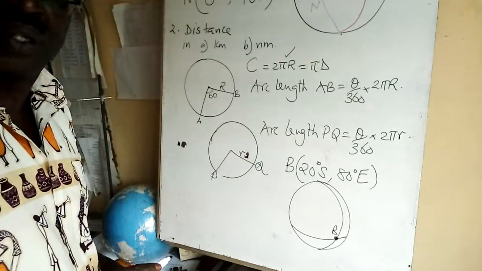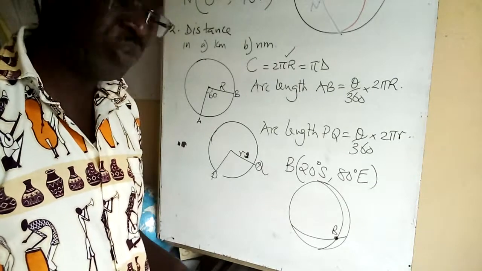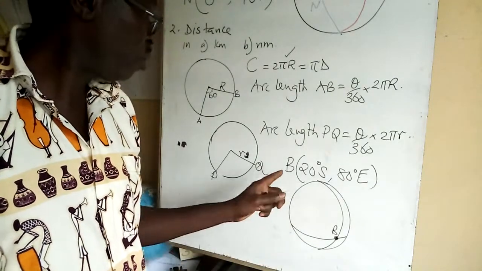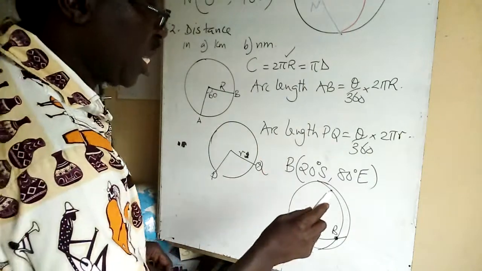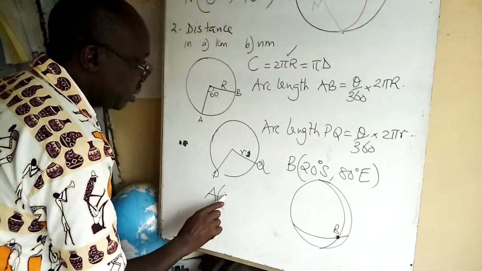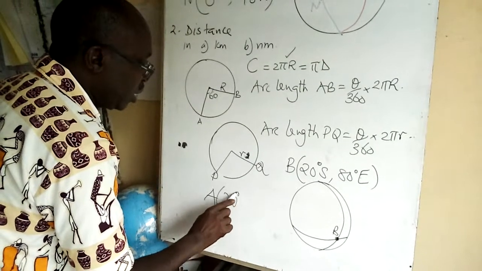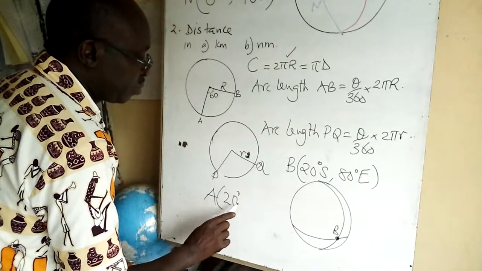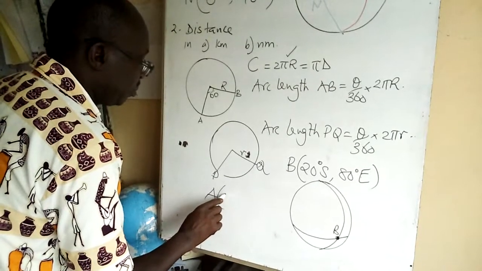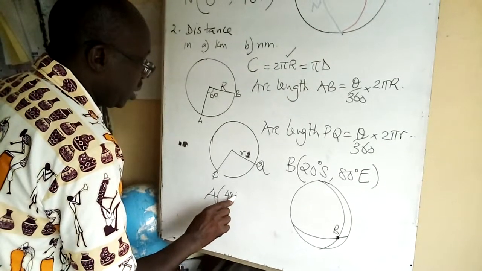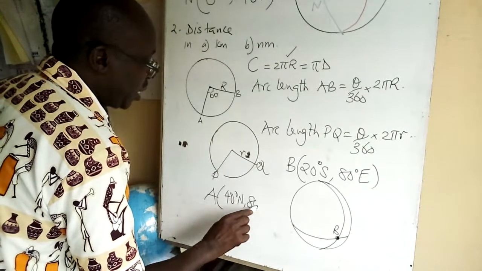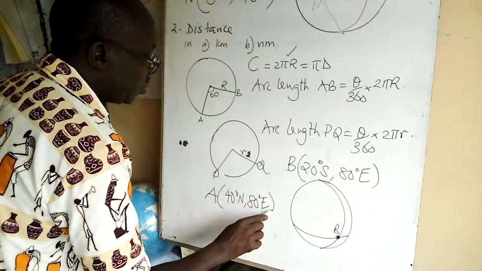Okay? Because in some cases you can be told a plane flew from B to point A. So A is 40 degrees north and then 80 degrees east.